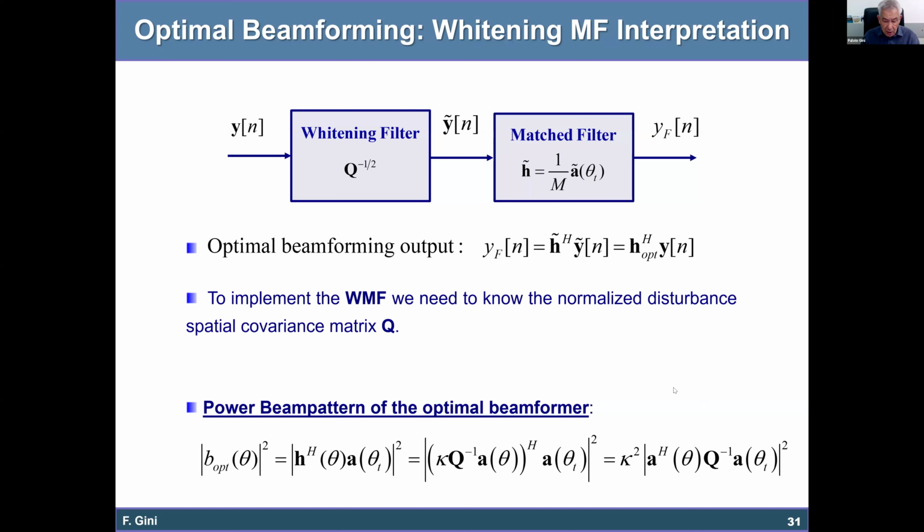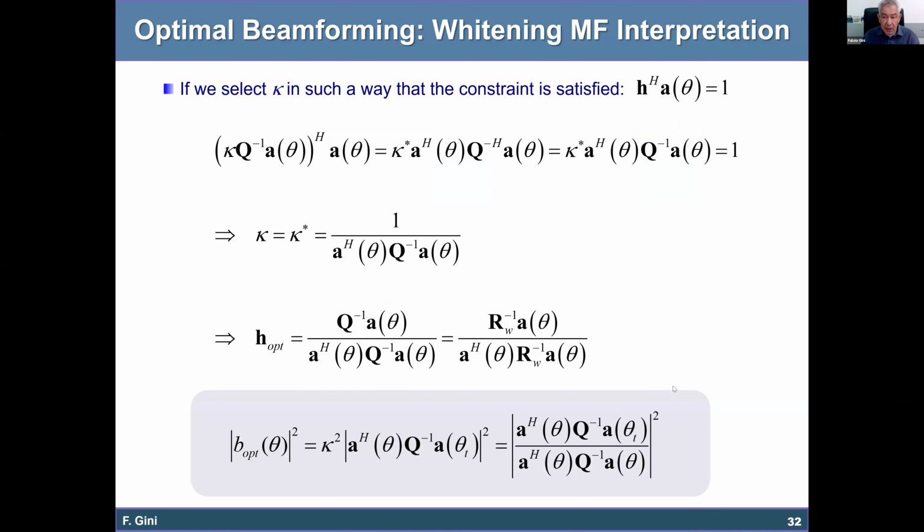Then if you want that the maximum value of the power beam pattern is 1, we just have to impose the usual so-called distortionless constraint, H Hermitian times H equal to 1. So we impose this constraint and we find the value of K.